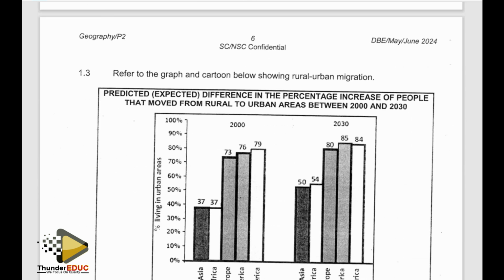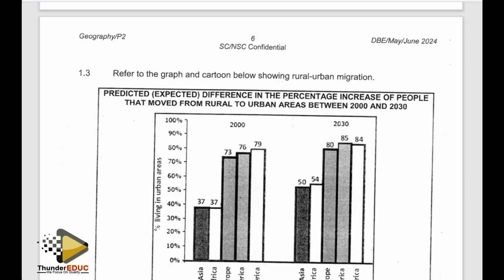Right, let's look at this graph here. Refer to the graph and cartoon below showing rural-urban migration. The title says predicted or expected difference in the percentage increase of people that moved from rural to urban areas between 2000 and the year 2030.